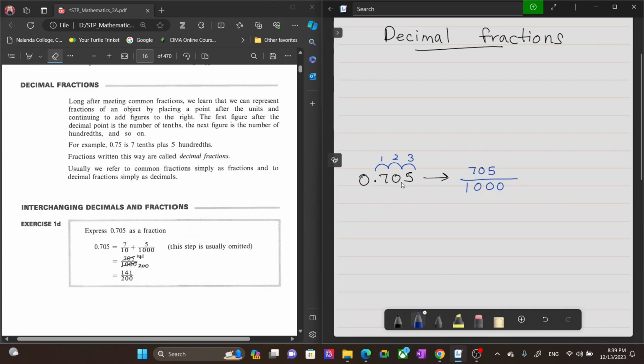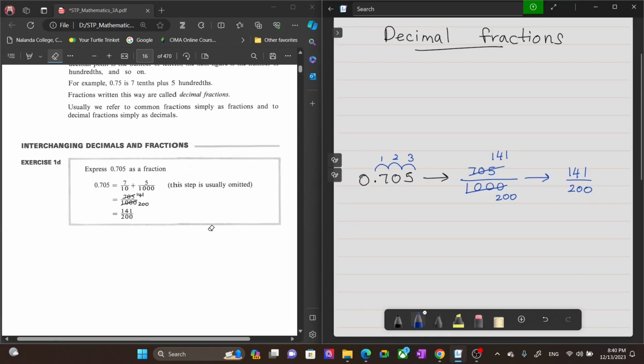That is the meaning of this. Now we can simplify this further by dividing both the denominator and numerator by 5. So we get 141 over 200. The simplified fraction is 141 over 200.